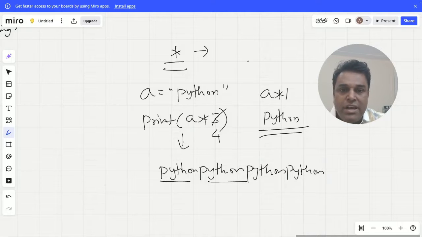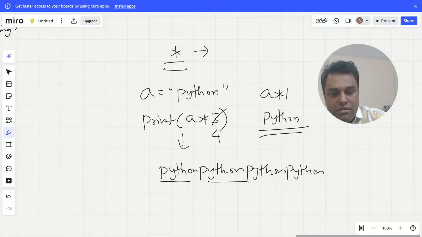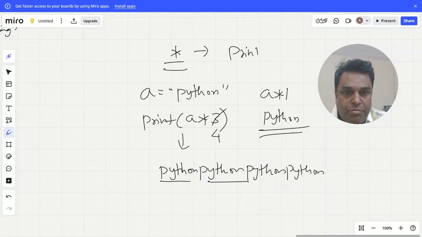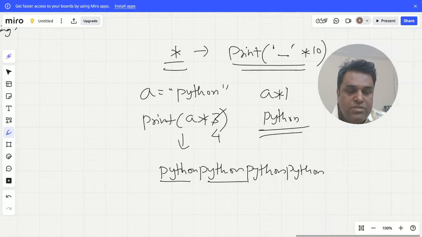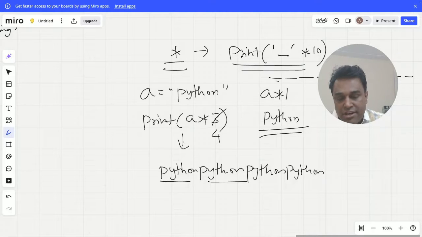If I say print, and I give underscore star 10, what is this going to produce? It is going to produce 10 underscores, 1, 2, 3, 4, 5, 6, 7, 8, 9, 10. This is what it is going to print on the screen.